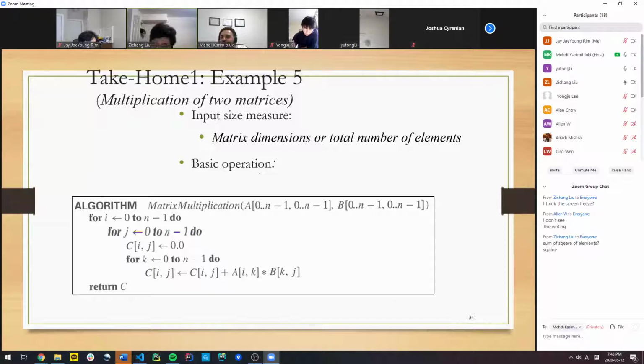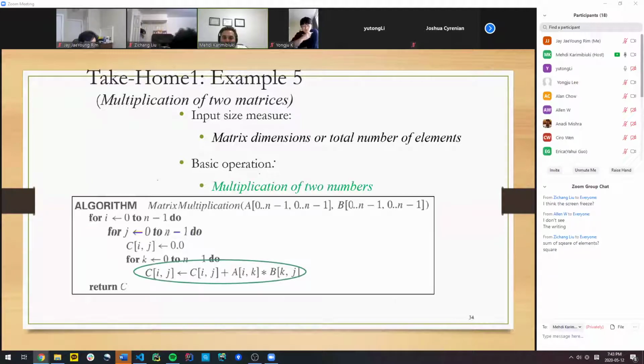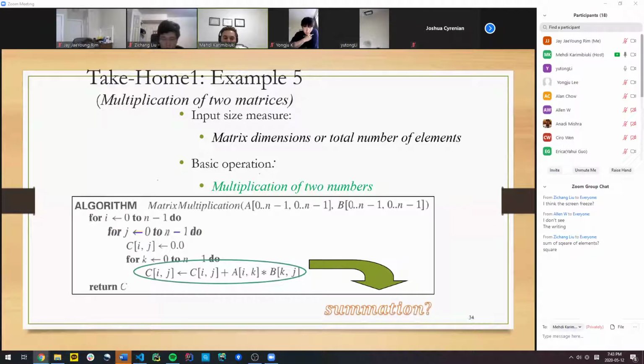Line 6. Right. So the basic operation is the multiplication of two numbers, right? So that's the basic operation there, and we have to apply summation on that, right?